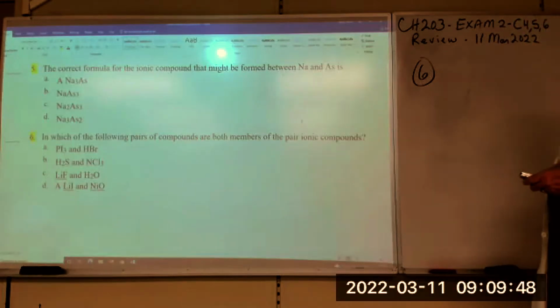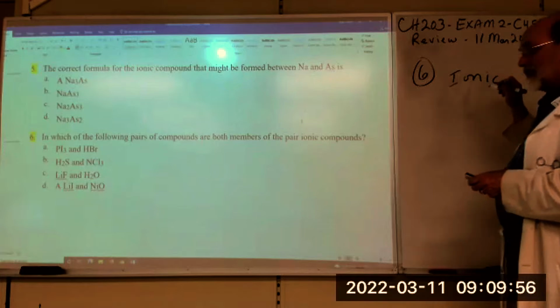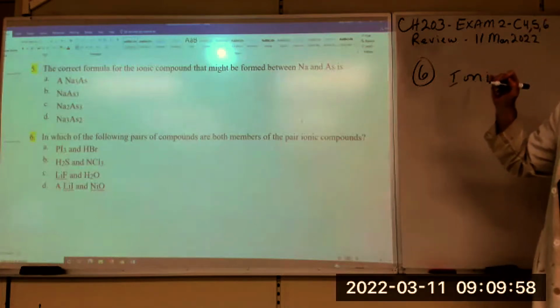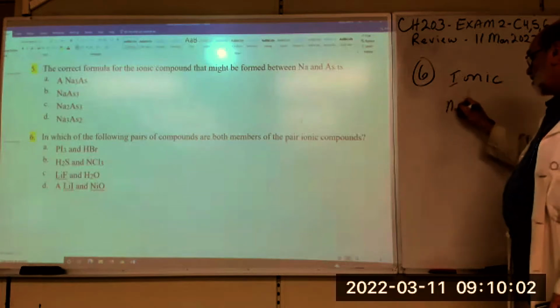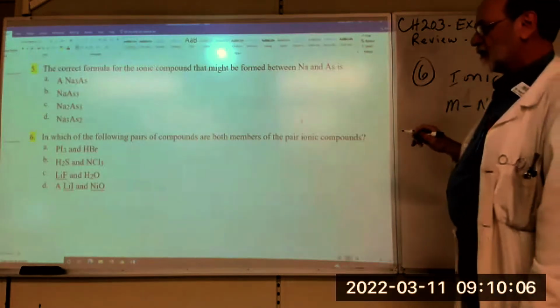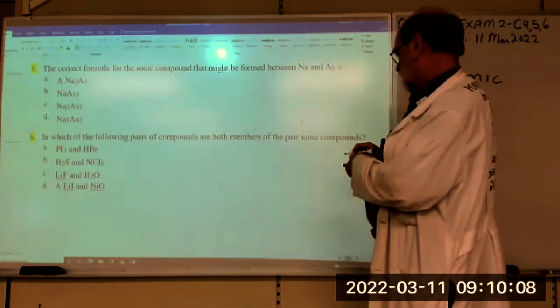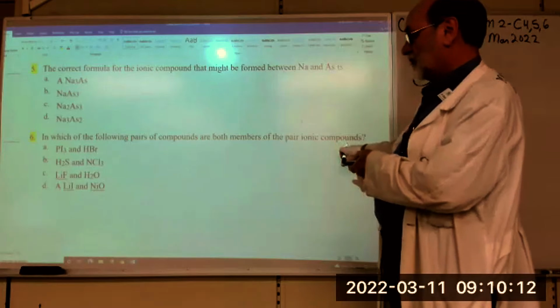In which of the following pairs of compounds are both members of the pair ionic? Okay, if they are ionic, they're going to have a metal, non-metal relationship. So we need a metal with a non-metal. By process of elimination, we can say both members of the pair are ionic.